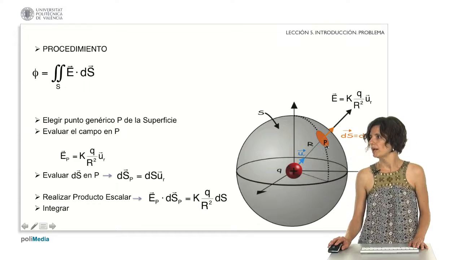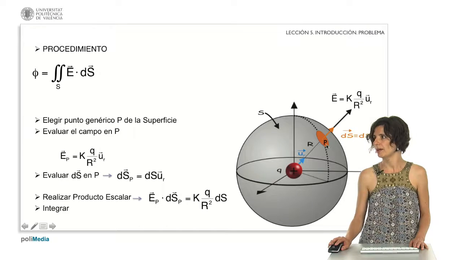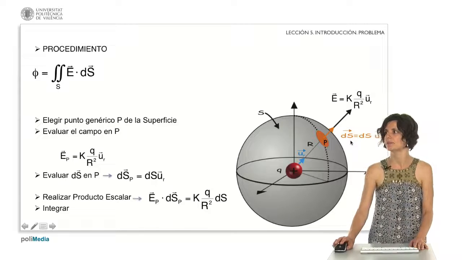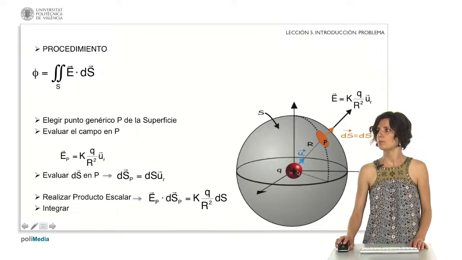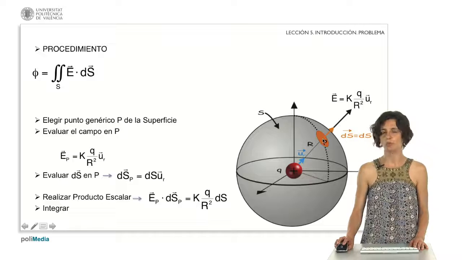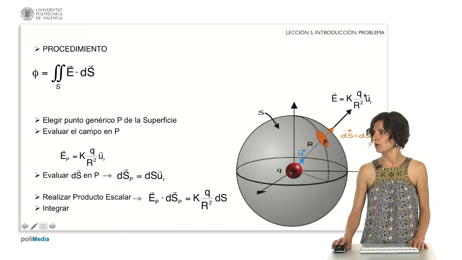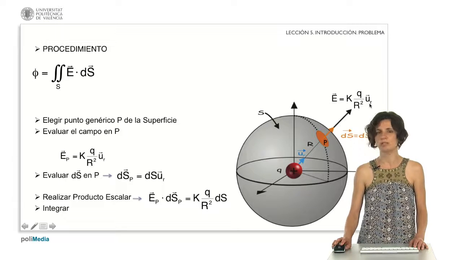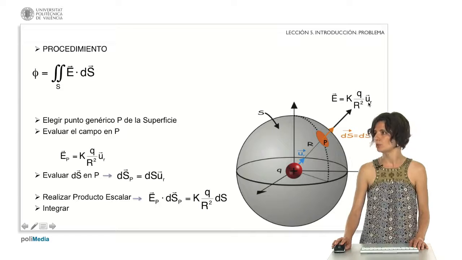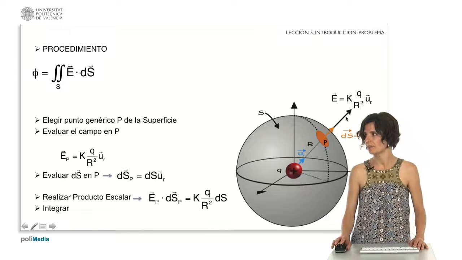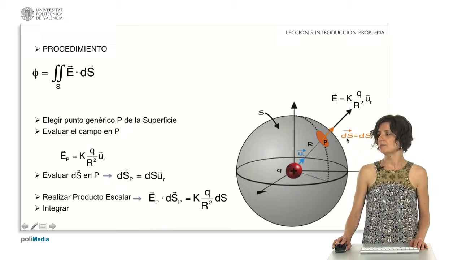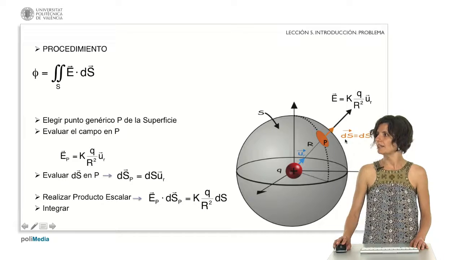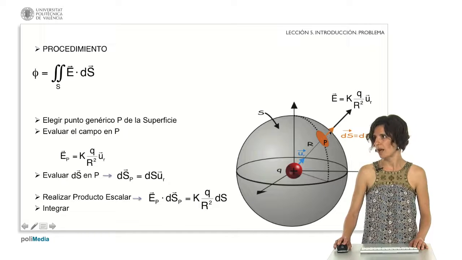First, we choose a generic point P on the surface, and on it we are going to evaluate both the electric field and the differential vector of S. The electric field created by a positive point charge at a distance capital R from it is k times the value of the charge Q divided by the distance R squared, times the unit vector u sub R. It is a unit vector in the radial direction. The differential vector of S is also the differential modulus of S times this unit vector u sub R, since the differential vector of S has to be perpendicular to the surface and outward.